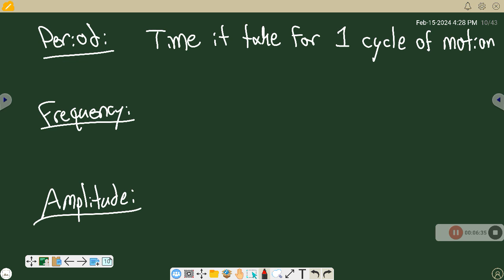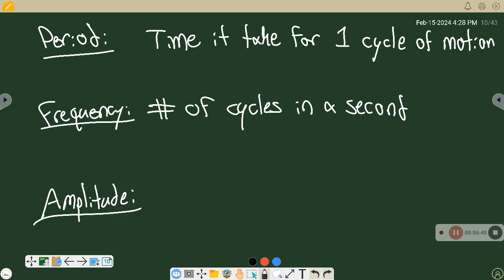Frequency is the number of cycles in a second. It is a number of cycles in 1 second. Friendly reminder, the unit for frequency is going to be hertz, okay? And frequency and period, they have a relationship.